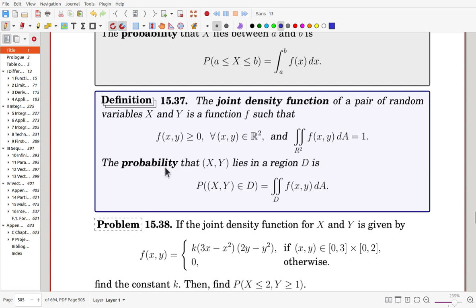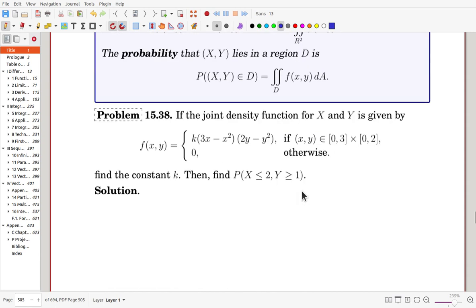Once you want to find the probability over a region D, then you can get it by evaluating the double integral over D of the joint density function. Okay, let's try to solve some problems. Here a function is defined along with a parameter.